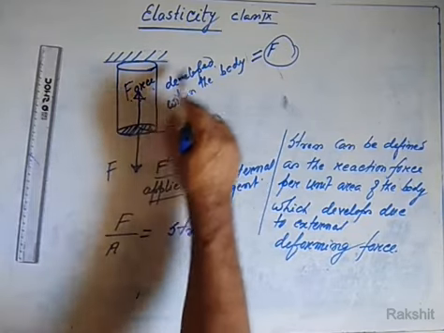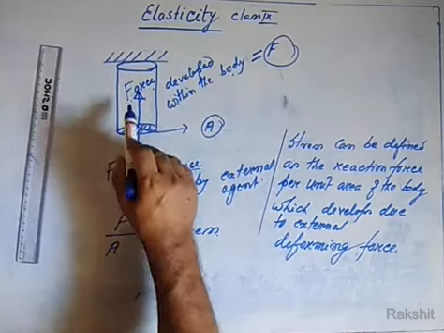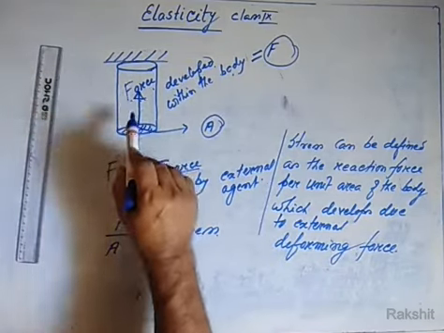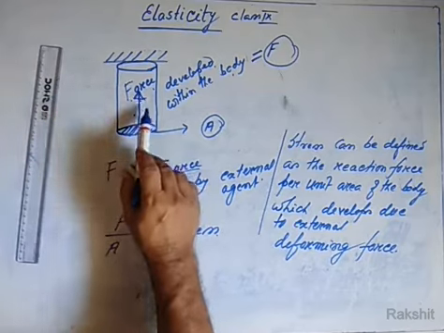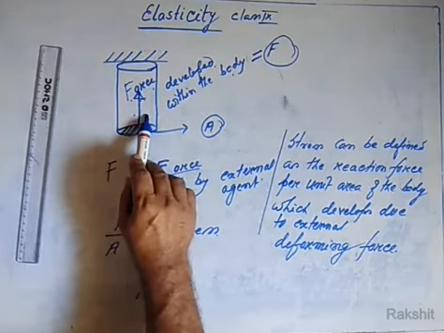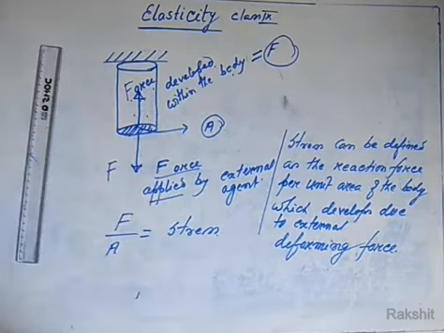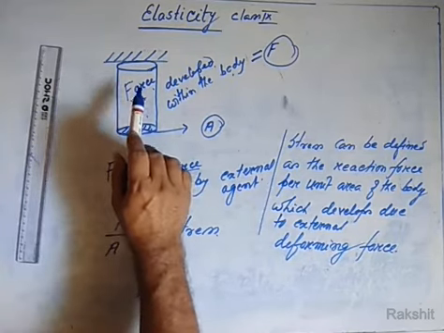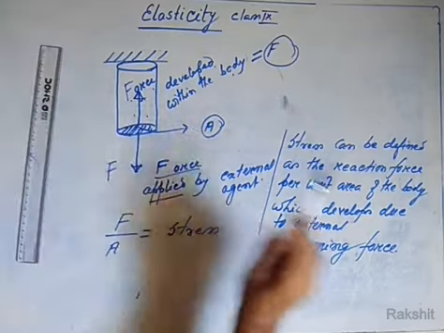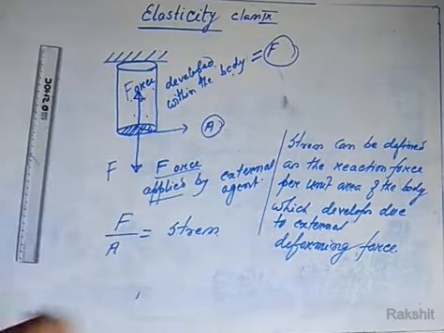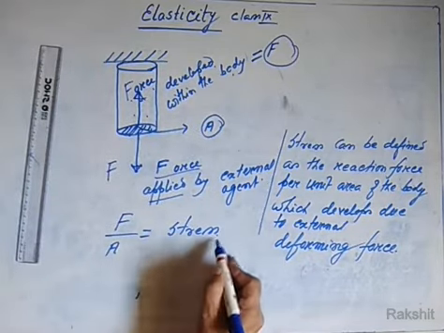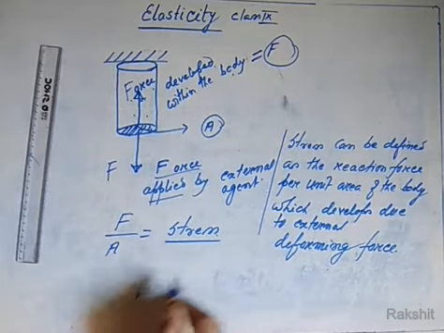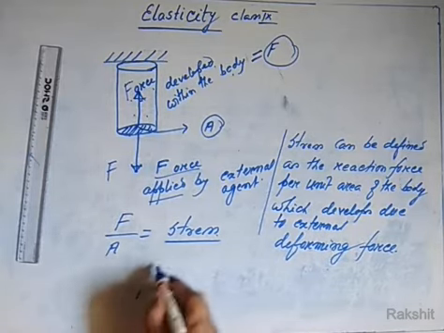The force developed within the body is the effect. This effect is due to elastic property of this body, and stress is defined as this reaction force per unit area. That means force by area. That is stress.